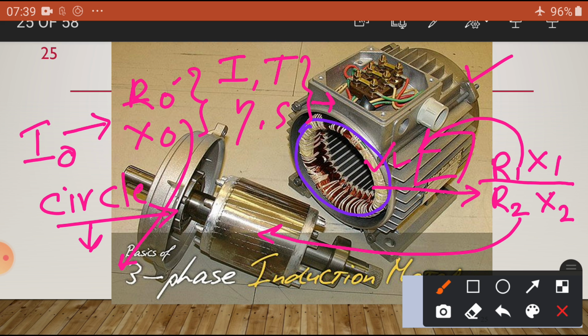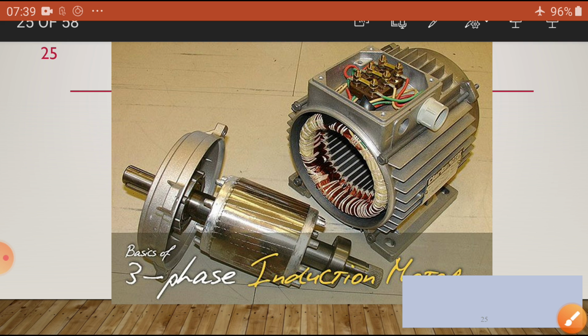In this class we concentrate on the main practical tests on a 3-phase induction motor, whether it is a slip ring induction motor or a squirrel cage induction motor. Let us see one by one what these tests are and how to do them.